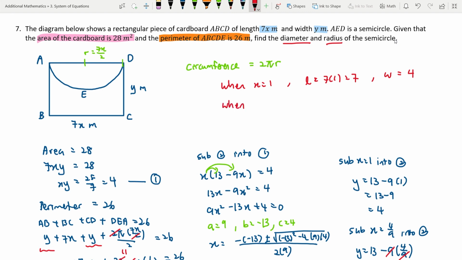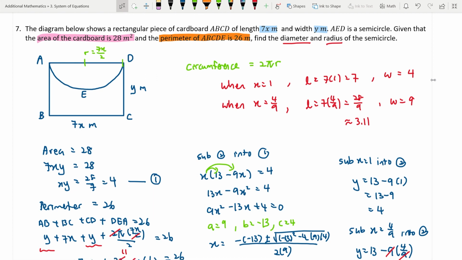When x is equal to 4 over 9, the length is equal to 7 multiplied by 4 over 9, which is 28 over 9, approximately 3.11, and the width is 9. All the values for our length and width are positive, hence all answers are accepted.